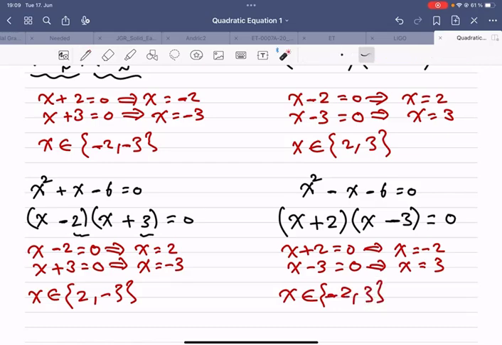So the idea here is that if the free or last term is negative, this means that one of the numbers will be negative and one will be positive, like here and here.